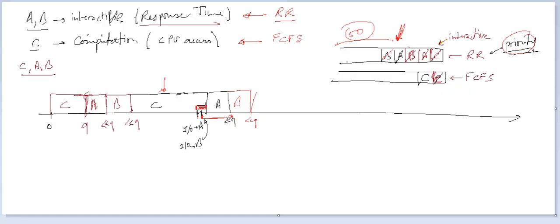Now on real systems, you don't have just two queues. It's not either interactive or non-interactive; there could be multiple levels of interactivity.